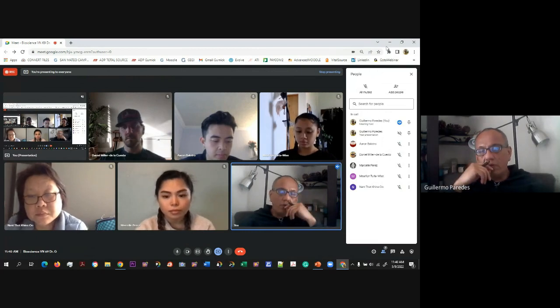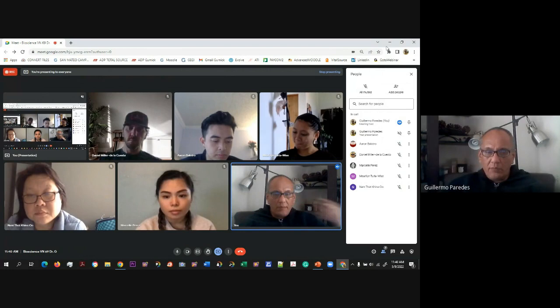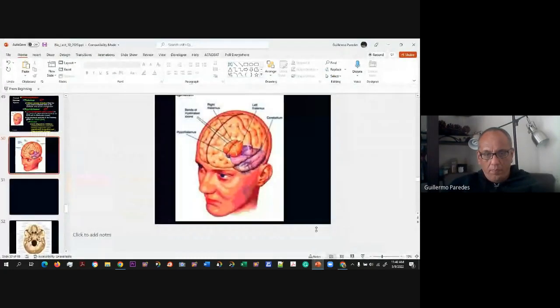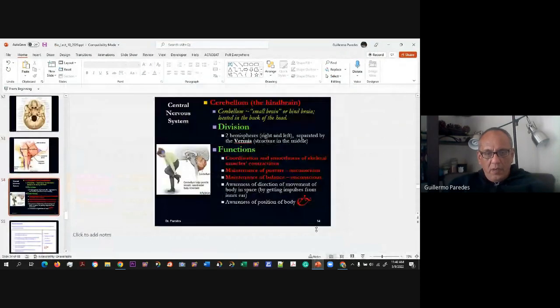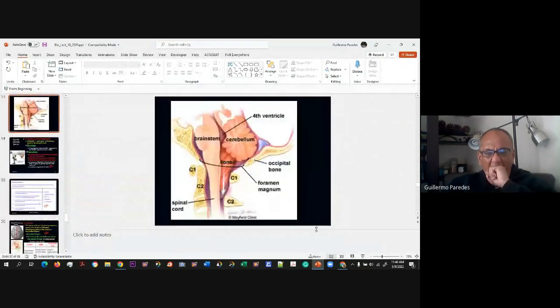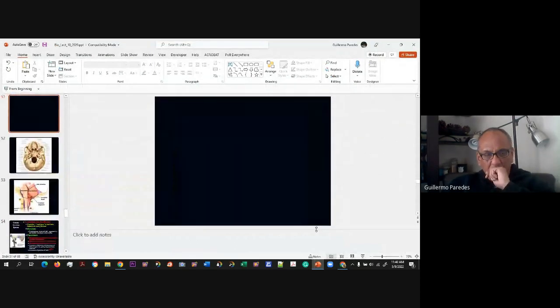Why is the function of the hypothalamus important? Let's see. Okay, I'm going to draw it. I'm going to make a sagittal view, so you're looking from the side. Here we have the hypothalamus.